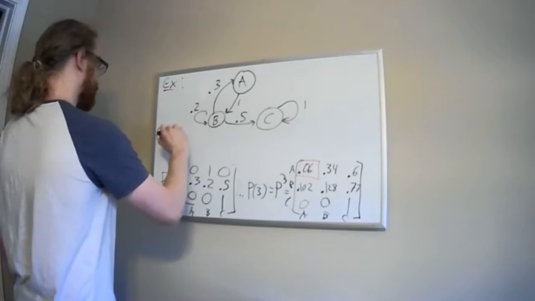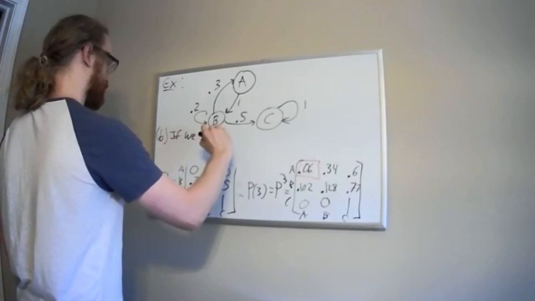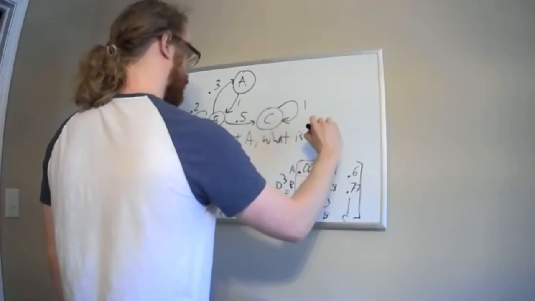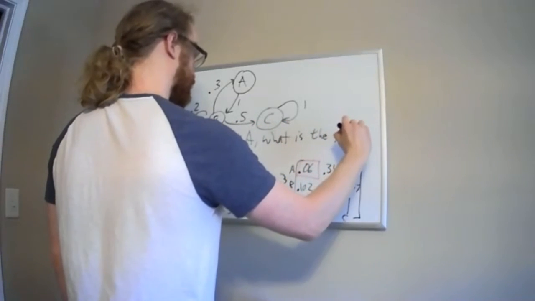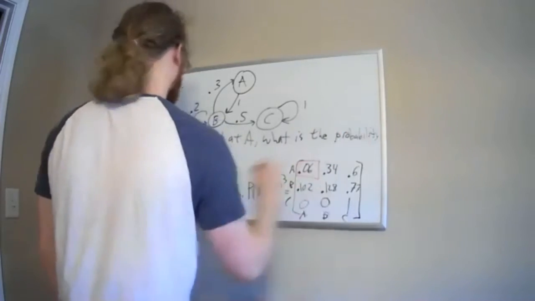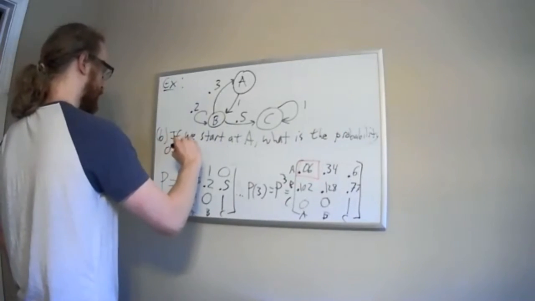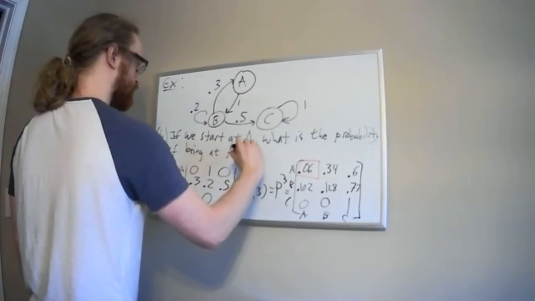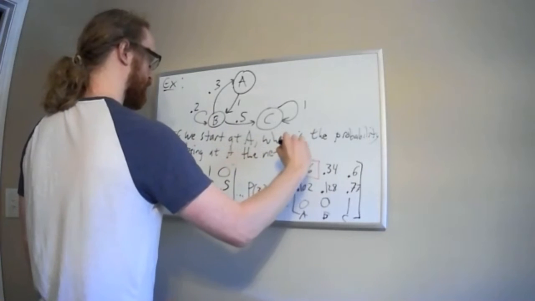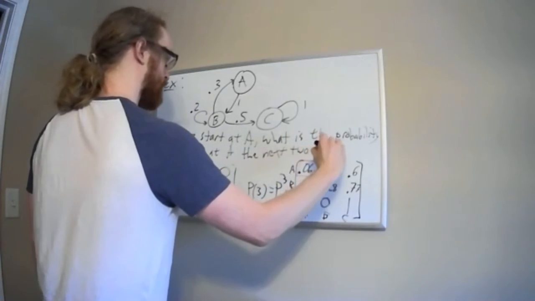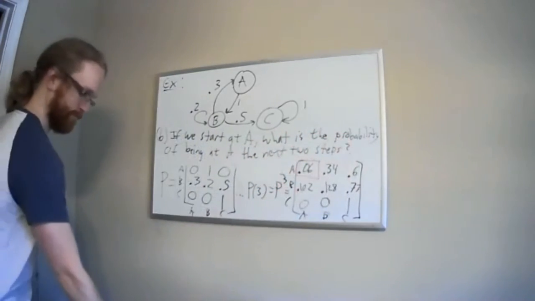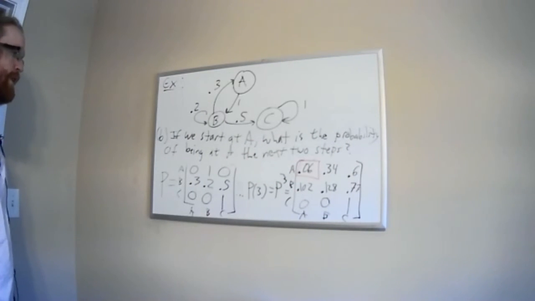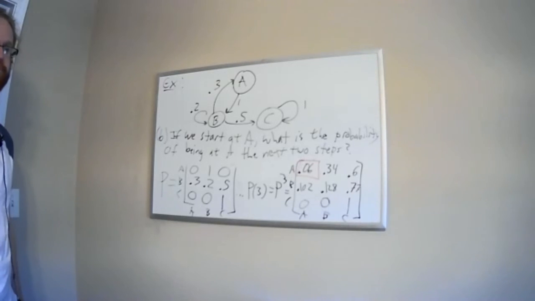If we start at A still, what is the probability of being at A the next 2 steps? So think about that for a second. If we start at A, what is the probability that for the next 2 steps, I will also be at A?